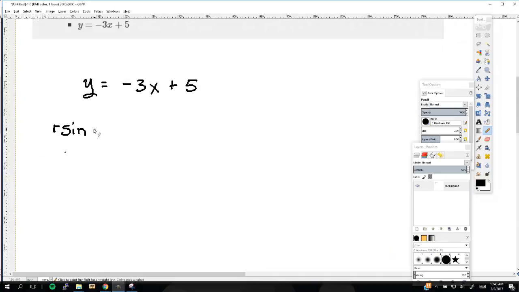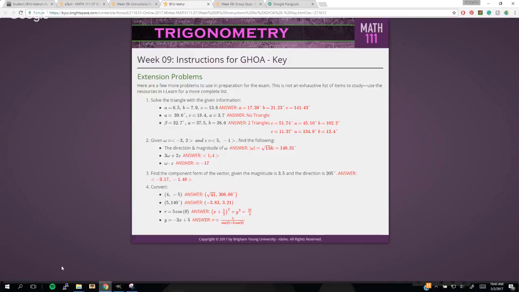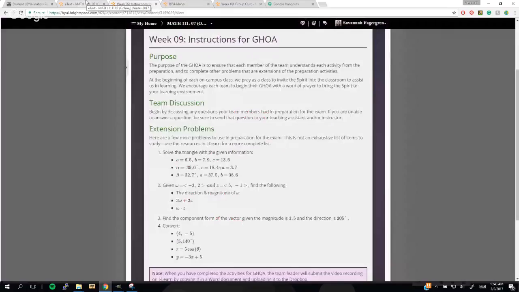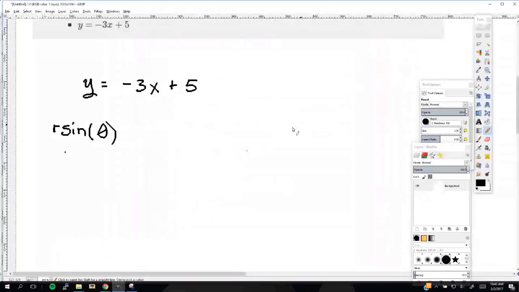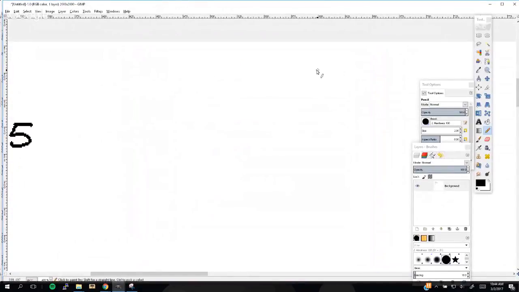Does he have a list of all the equations? I know that he put it in with last week's instructions. Yeah, that's where I'm looking. Oh, it's in the instructions. I think I'm finding it.